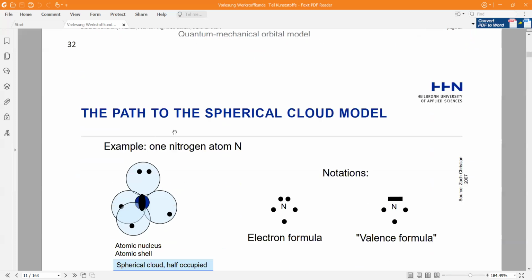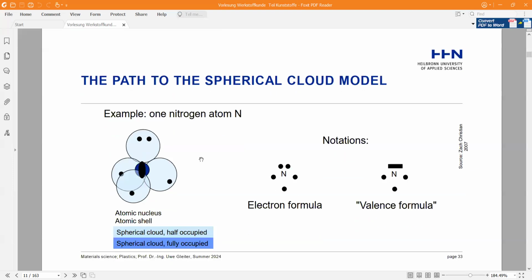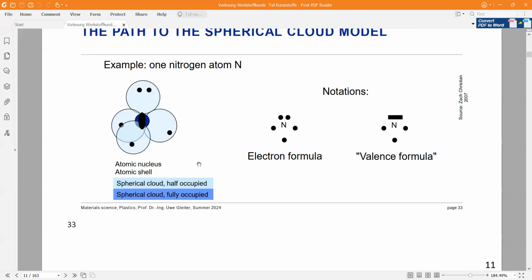The best is the spherical cloud model. Here we have an example of one nitrogen atom. Here we have a scheme of the atomic nucleus and atomic shell, the spherical cloud: the light blue color is half occupied, and the dark blue color is the spherical cloud fully occupied.